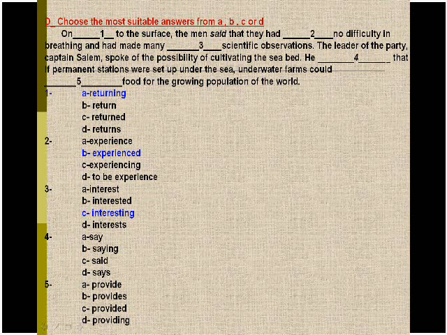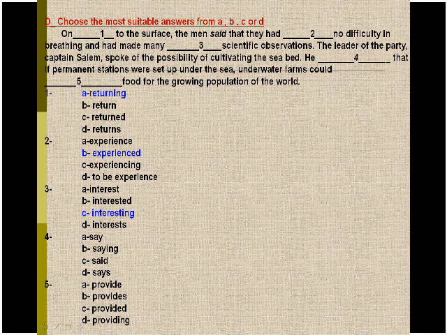The leader of the party, Captain Salim, spoke of the possibility of cultivating the seabed, that if permanent stations were set up under the sea, underwater farms could food for the growing population of the world. So let's look again at the sentence from the beginning. This sentence has 1 space: that if permanent stations, right? So we'll go for number 4 here.